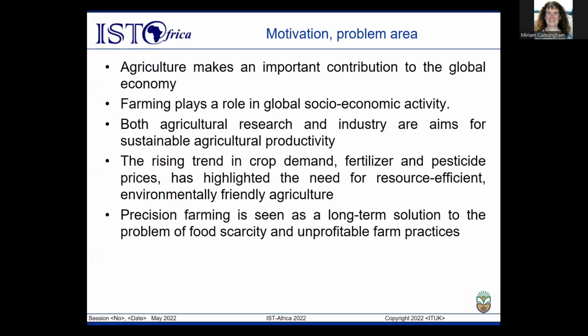Because of the rising trends in crop demand, as well as rising fertilizer and pesticide prices, there is a greater need for resource-efficient, environmentally friendly agriculture. Precision farming is thus viewed as a long-term solution to the problems of food scarcity and unprofitable farm practices.